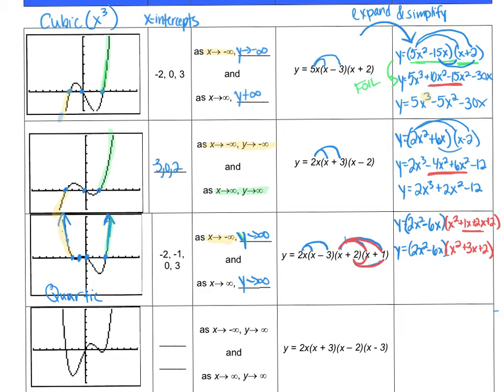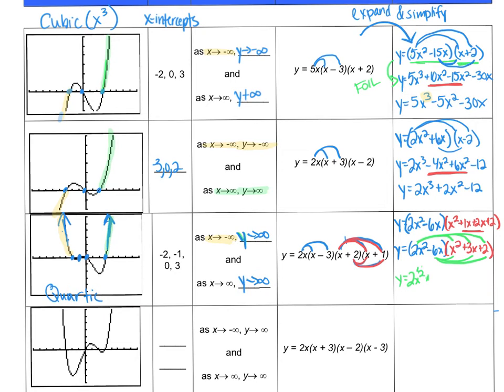Now we need to distribute everything from our first bracket into our second bracket. So we have to make sure we multiply all possible combinations there. Okay, so we'll start with that 2x squared. So 2x squared times x squared is going to be 2x to the power of 4. Oops, I wrote that wrong.